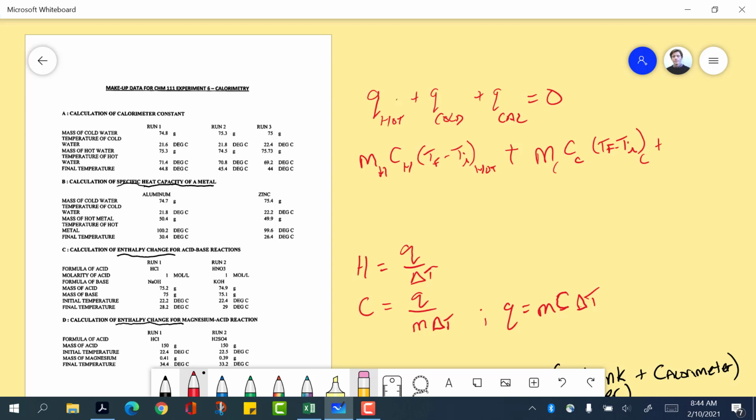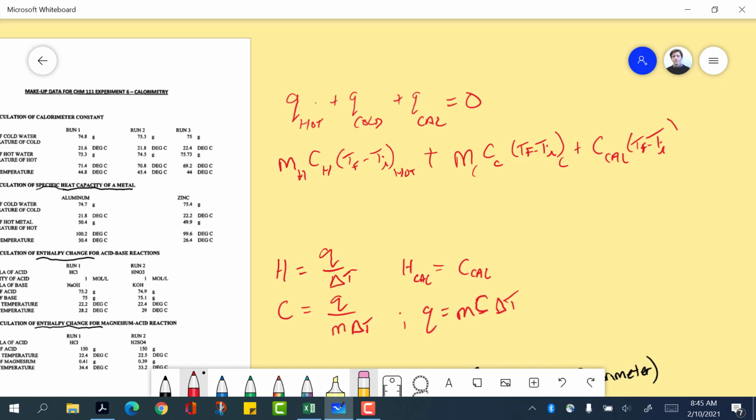So this H, the heat capacity of the calorimeter, might be labeled in some books calorimeter constant. So we're trying to find the calorimeter constant times the change in temperature of the calorimeter. All of that has to sum to 0.